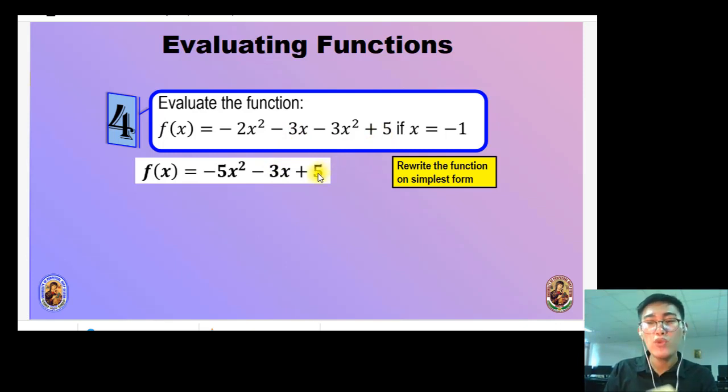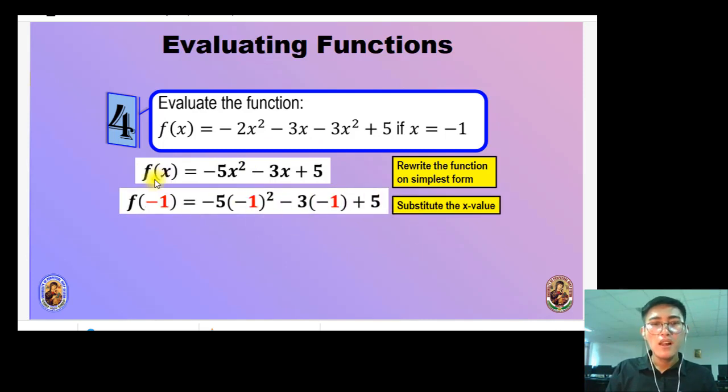And at this time, we will substitute the value of x, which is negative 1, into this given function. That would be f of negative 1 equals negative 5 times negative 1 squared. Alright, you might get confused with this part when you treat them operationally. Take note, parentheses, exponent, multiplication, division, addition, and subtraction are otherwise known as PEMDAS.